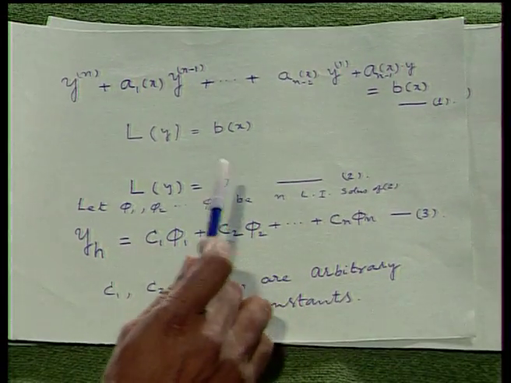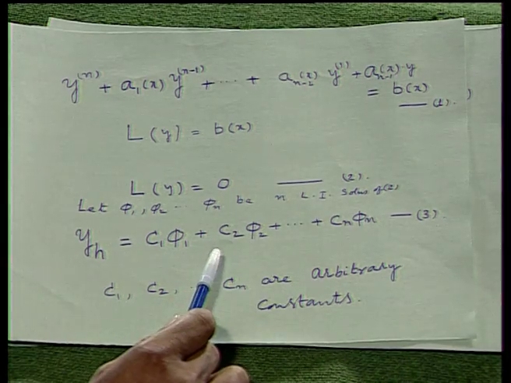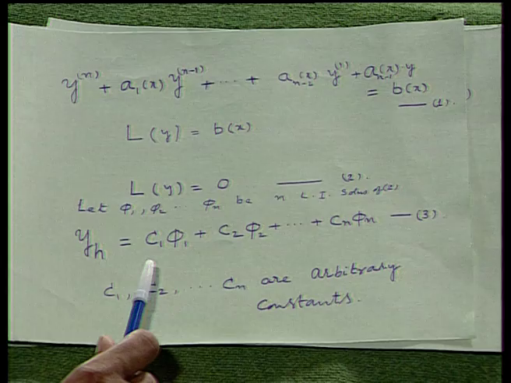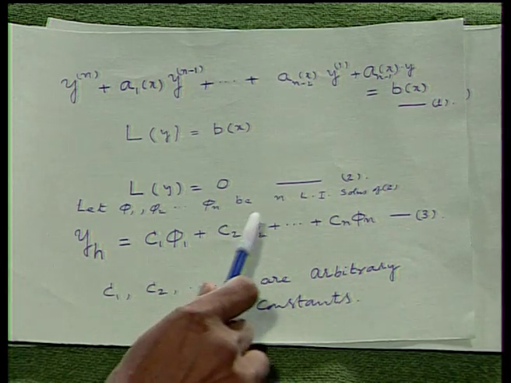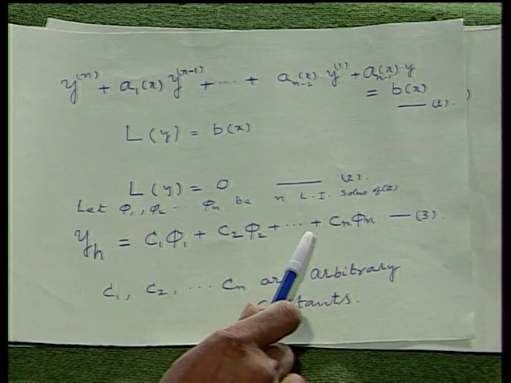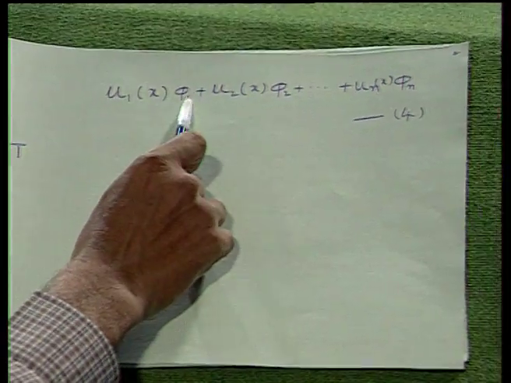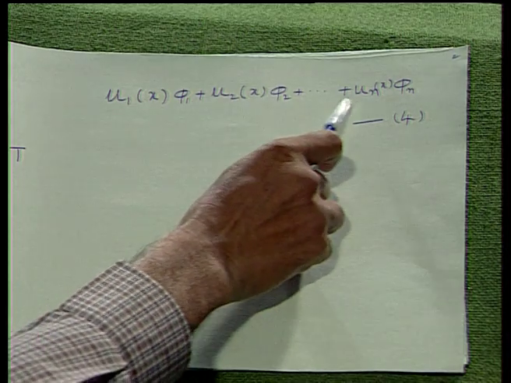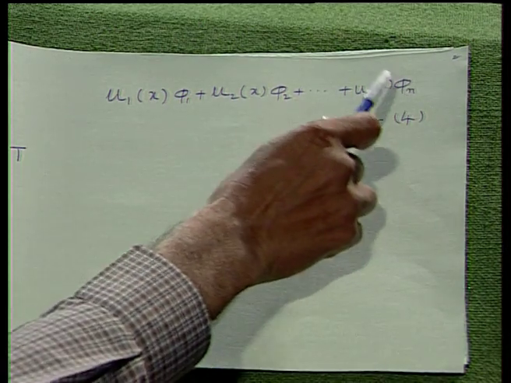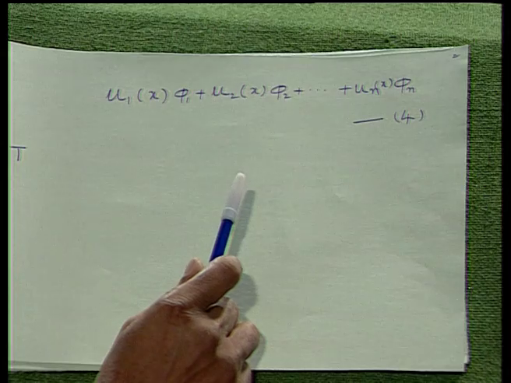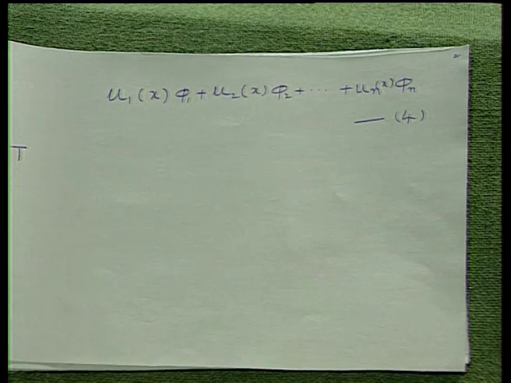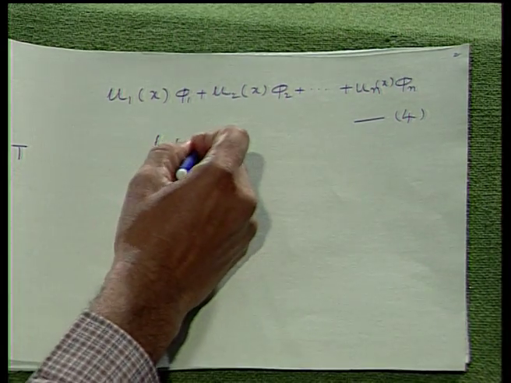That is, in variation of parameters we allow the constants or the parameters C 1, C 2 etcetera C n to vary and consider them as functions of x, so that this expression u 1 phi 1 plus u 2 phi 2 etcetera u n phi n is a solution of the general equation L y equal to b(x).